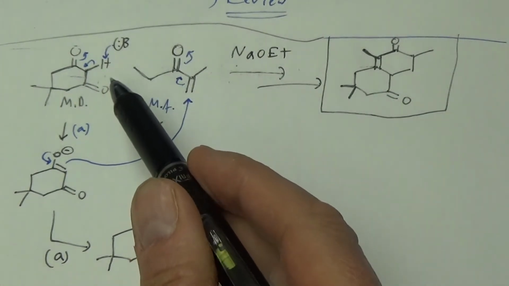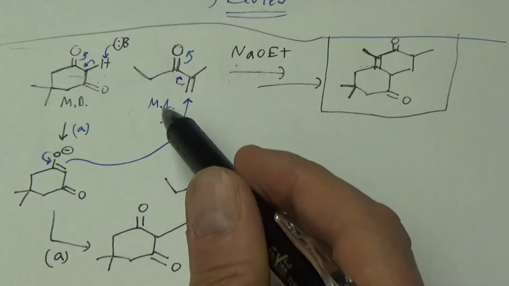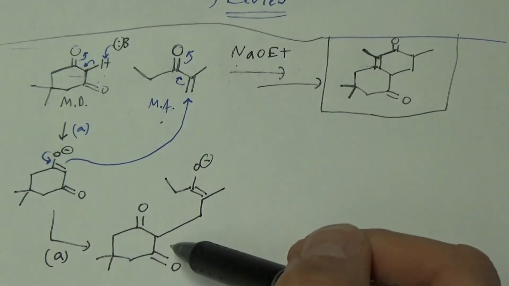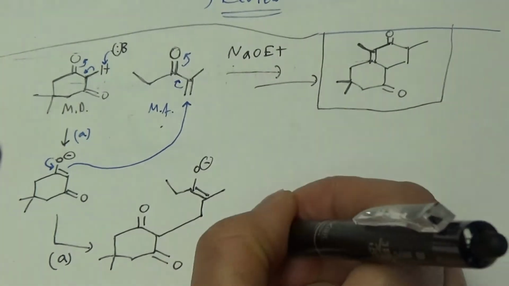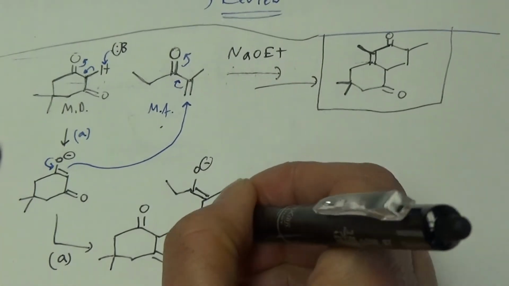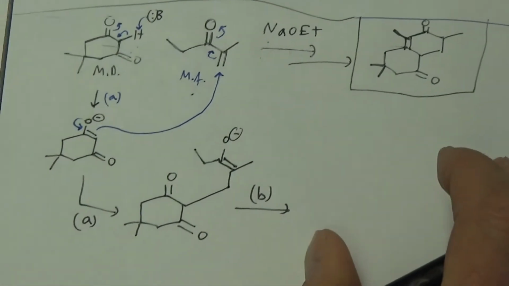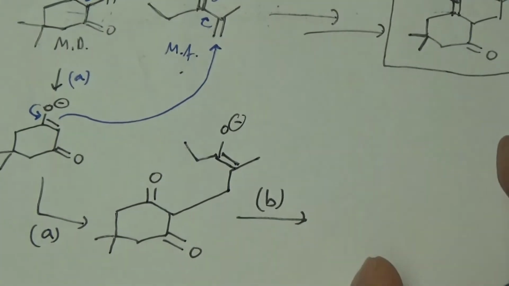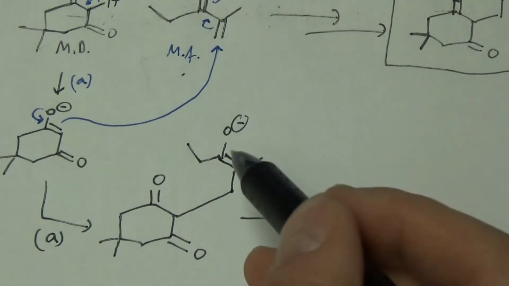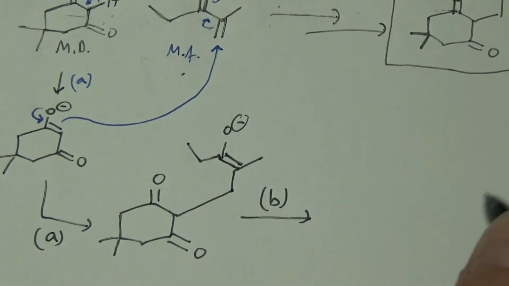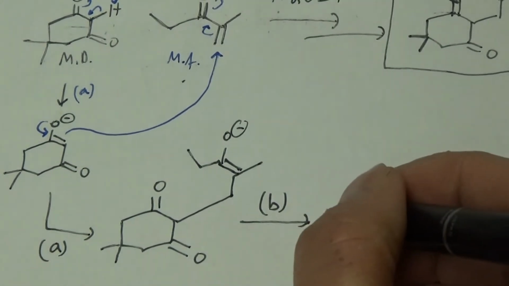Alright, so that was all step A. Make an enolate, attack. That was the Michael reaction. It's all step A. And what was step B? Step B is what I call proton transfer or re-enolization. All you do is move your enolate from one side to the other. And so we just redraw this.